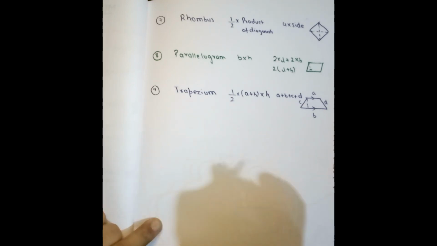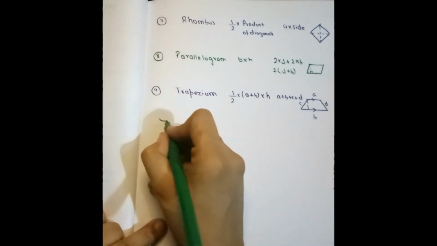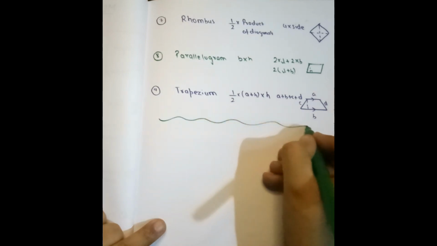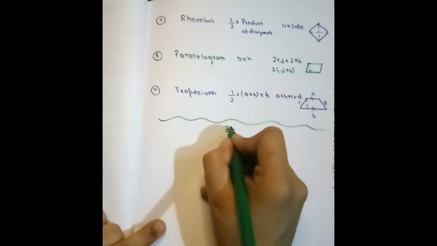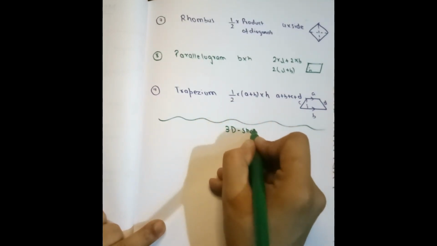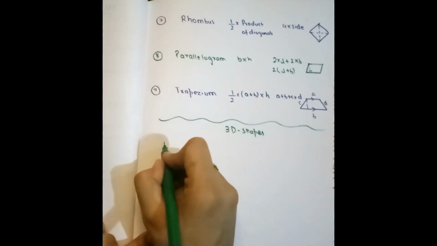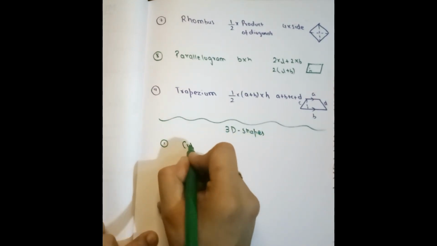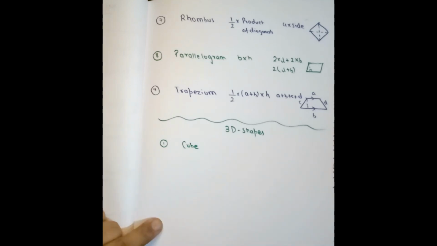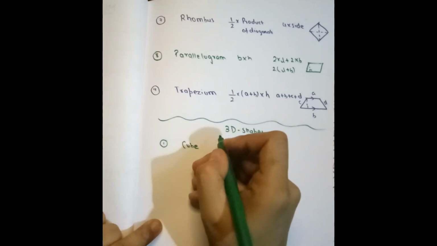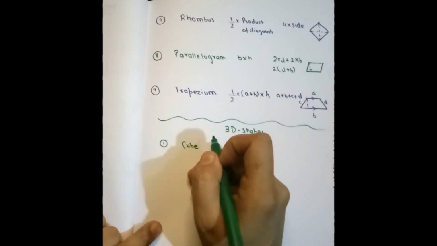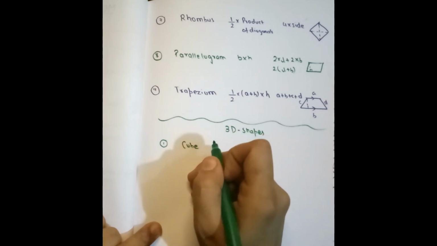Now let me cover 3D, that means 3-dimensional shapes. Because I'm covering 3D now, I'm just writing here 3D shapes. The first one that I'm going to cover is a cube. In 3D shapes, we have 3 things: total surface area, lateral surface area, and volume.